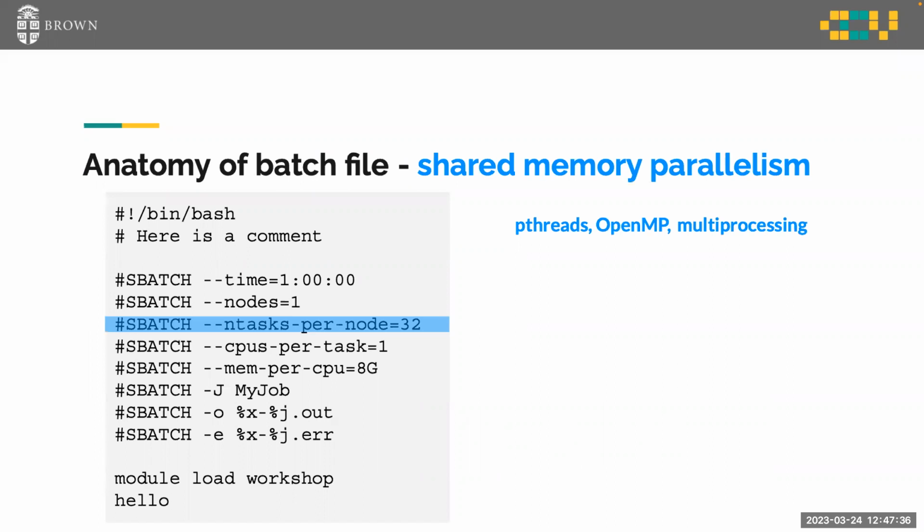You're going to change the number of tasks per node, and this will give you the number of cores that you want. So this would give you 32 cores, right? 32 cores per node times 1 node means you've got 32 cores. 32 cores times 8 gigabytes of memory per core means you've got 256 gigabytes of memory total. That's how you get at the total resource that you're using.